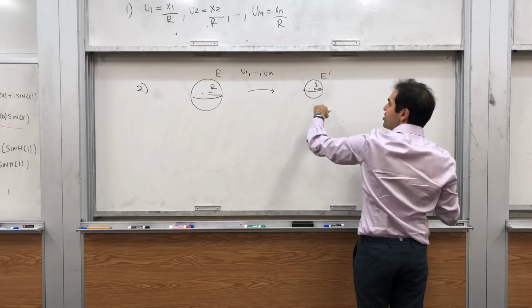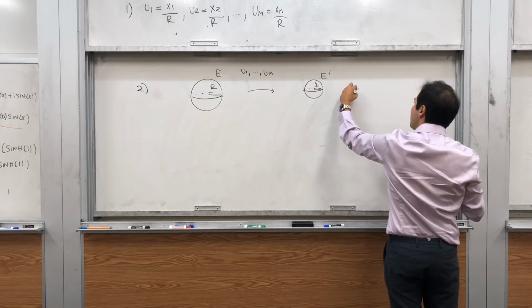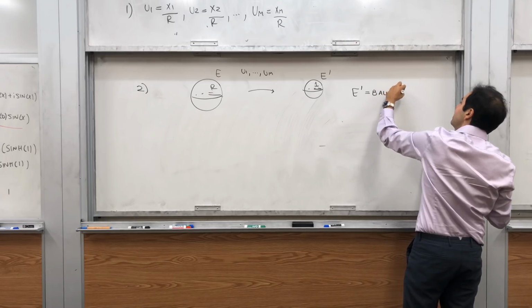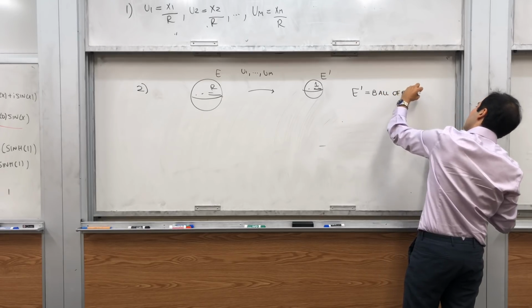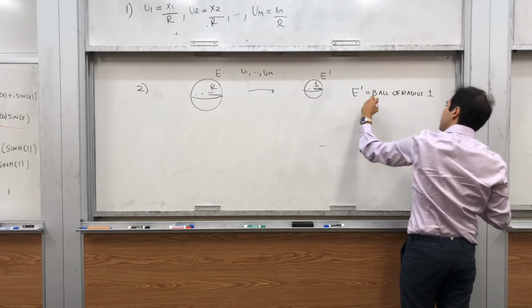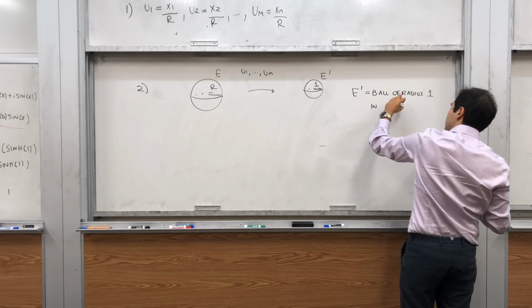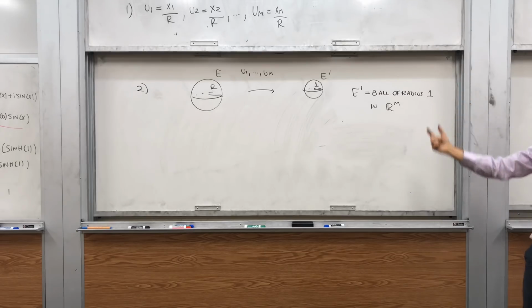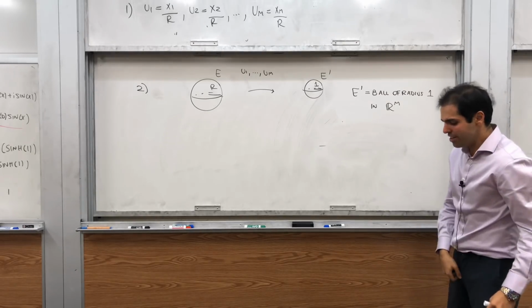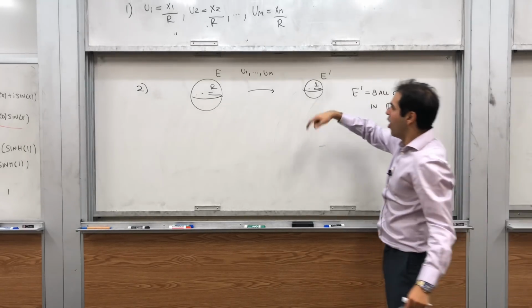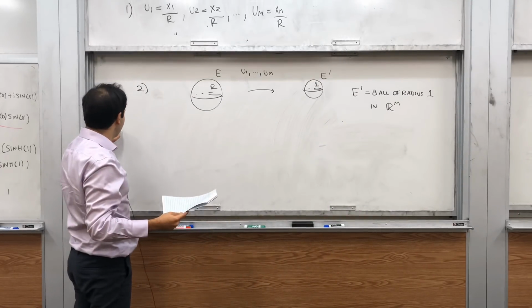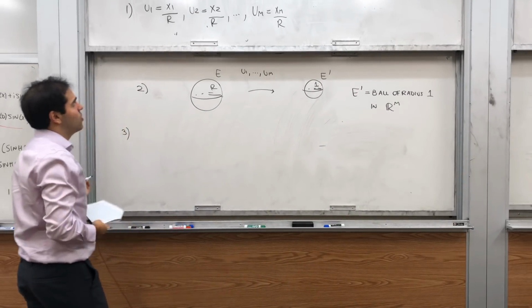So U turns E into E prime, where E prime is the ball of radius 1 in R^m. And that's because every side you've essentially divided by r, so in particular the radius becomes r over r, which is 1. Then the next thing is, of course, calculate the Jacobian.